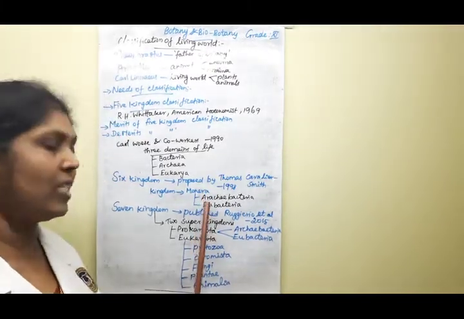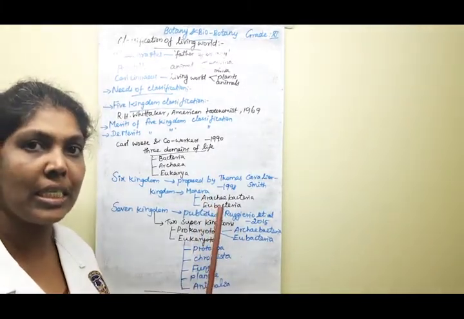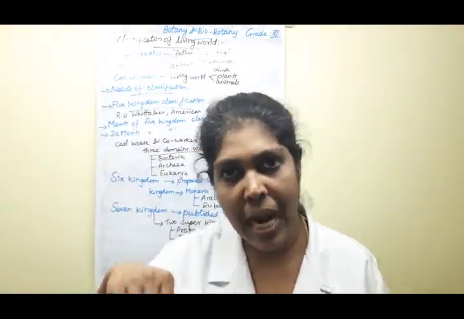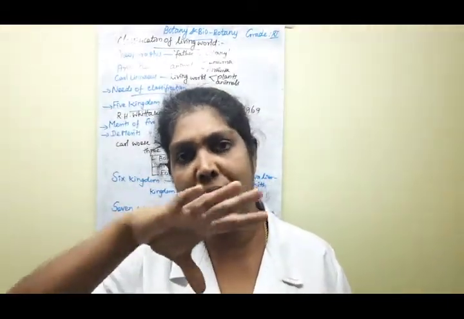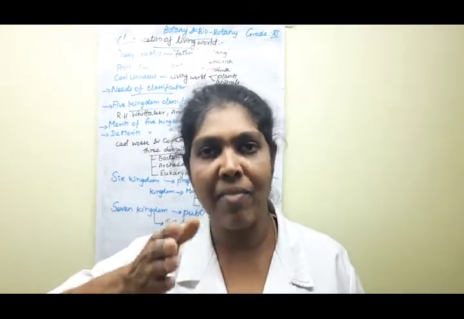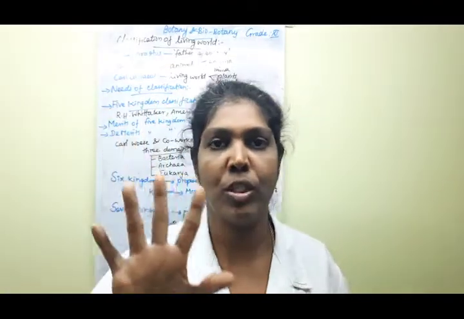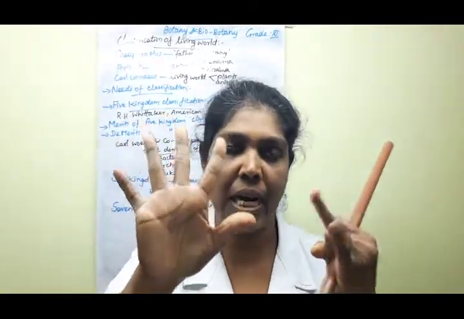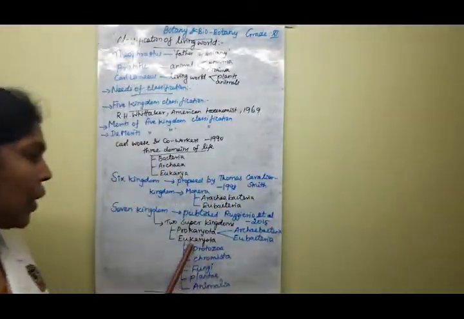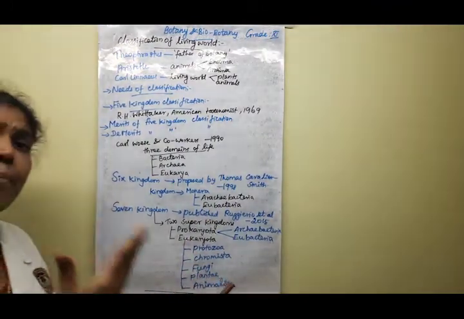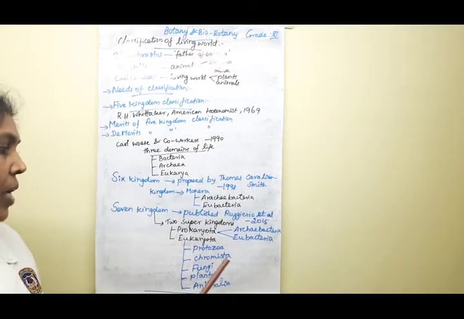Already we learned these in the previous 6 kingdom system. The 7 kingdom system of classification has practical extensions; it is practically oriented and more advanced. Understood children? Yes. Then Eukaryota comes under the remaining 5 kingdoms.